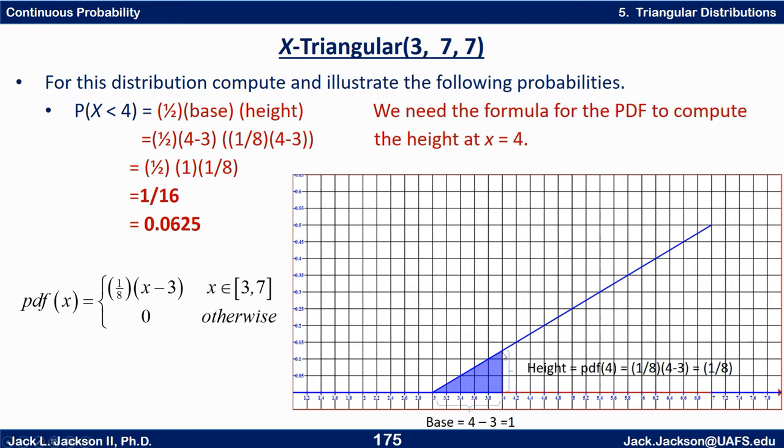By the way, 1/8 is 0.125, so that looks about right on the grid here once I put it on a nice Graphmatica graph where the grid can be seen. So that's 1/2 times base times height. That's 1/2 times 1 times 1/8 is 1/16, which is 0.0625.